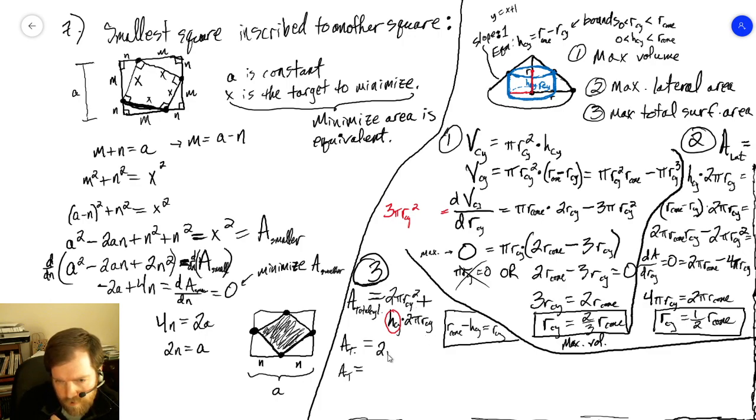So this is going to be 2 pi times r cone minus h cylinder, squared, plus h cylinder times 2 pi times r cone minus h cylinder.